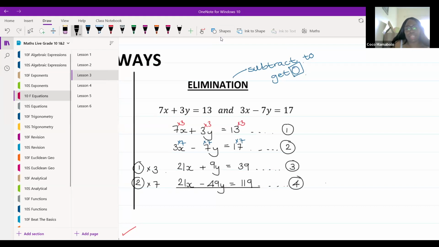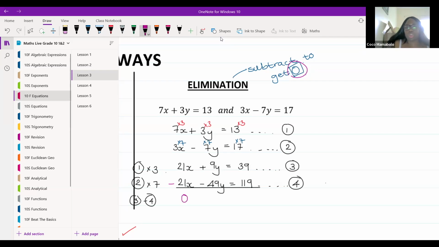And then my next step is going to be equation 3 minus equation 4. Okay, that's my next step. Remember, because what I want to do is subtract to get 0. Now, if I subtract these two, 21x minus 21x, what are they going to give me here? I'm going to get 0. 21x minus 21x will give us 0.